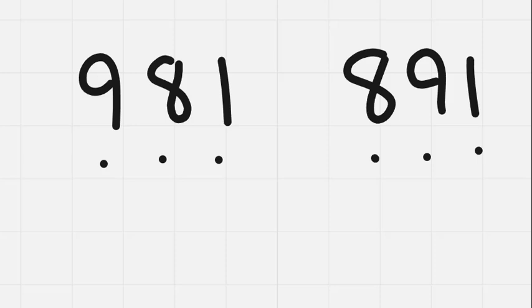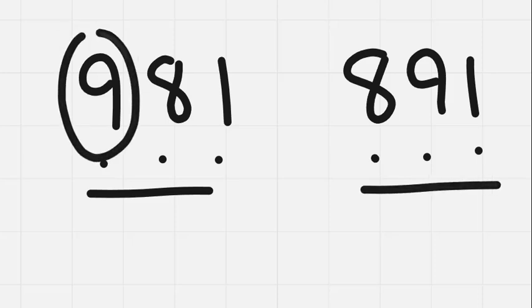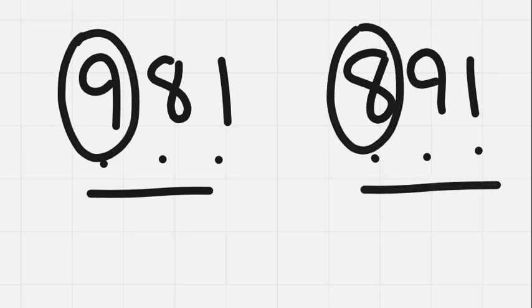You always want to look at the first number. When both numbers have the same digits, you always look at the first one. Here I see a 9 first in 981 and an 8 first in 891. 9 is bigger than 8, so 981 is greater than 891.